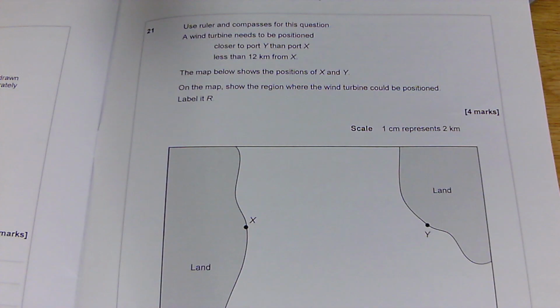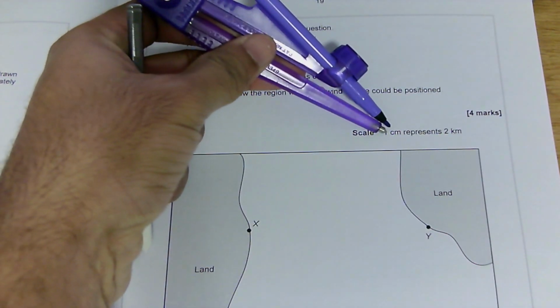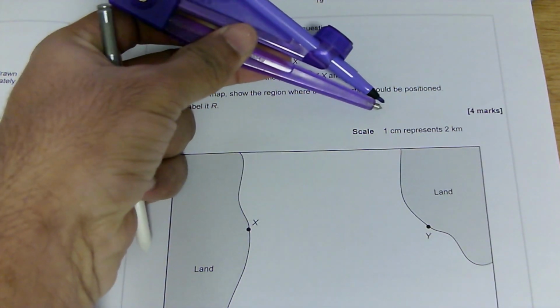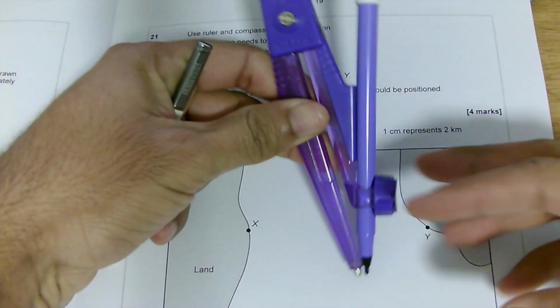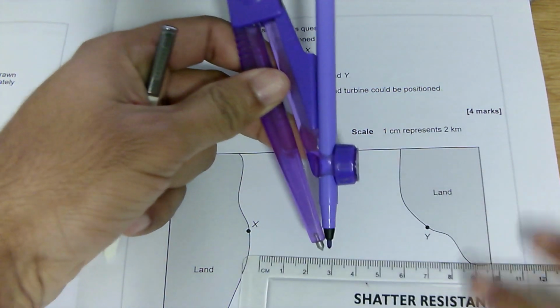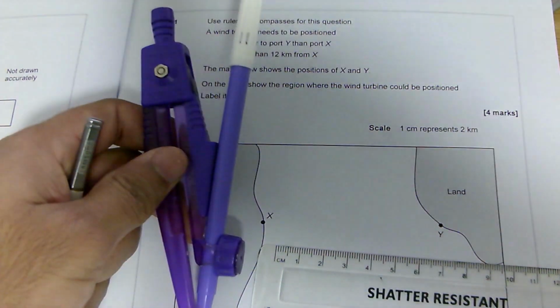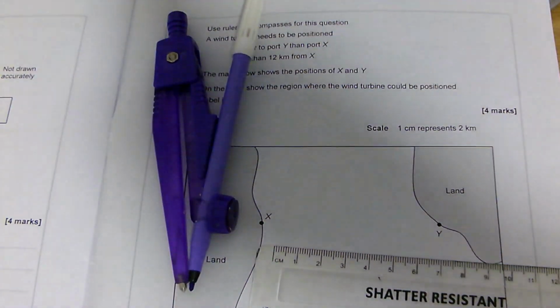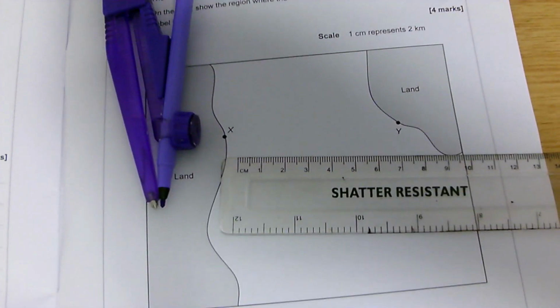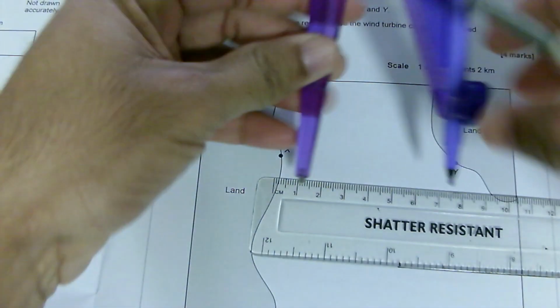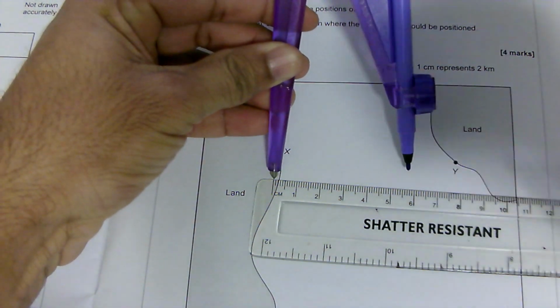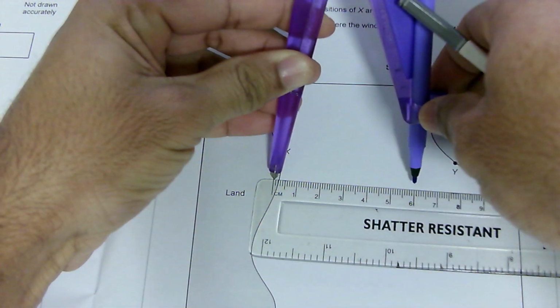First thing we're going to do is mark the 12-kilometer radius from x. We know that 1 centimeter represents 2 kilometers. So we're going to use a ruler and open our compass so it's 6 centimeters wide, from 0 all the way to 6 there.